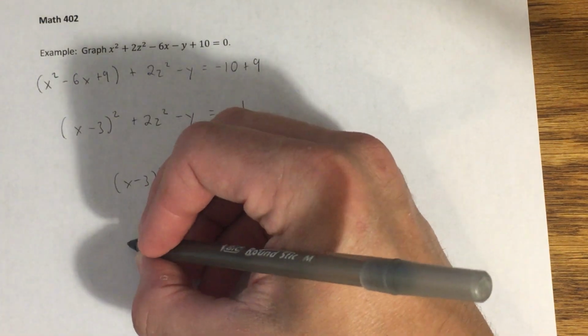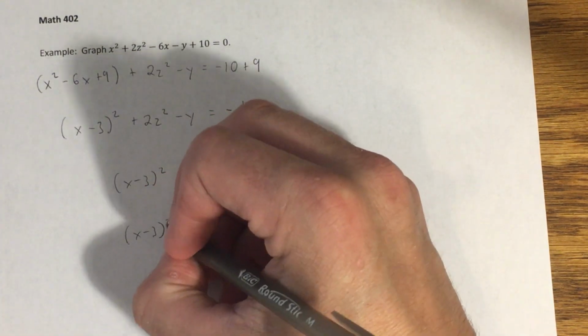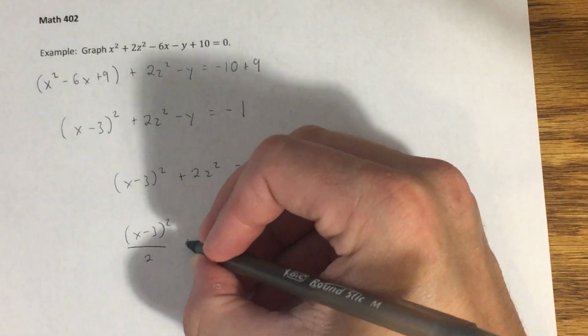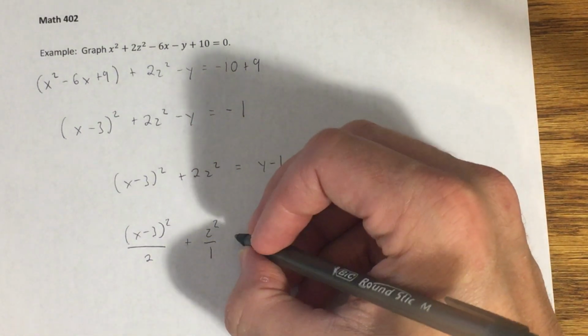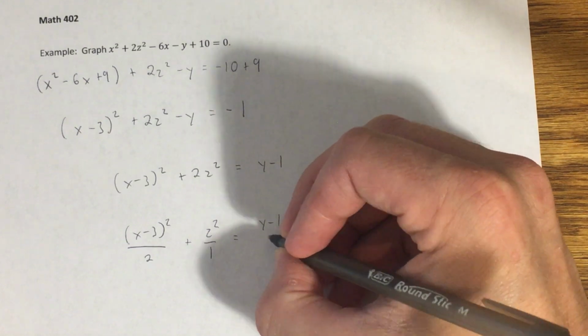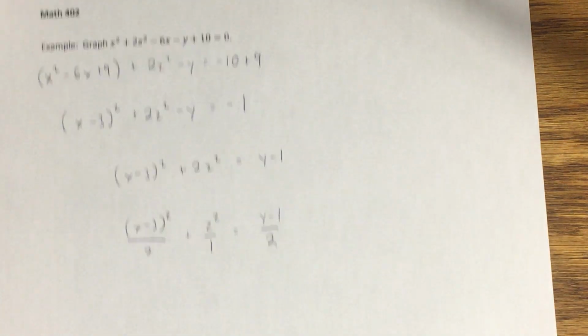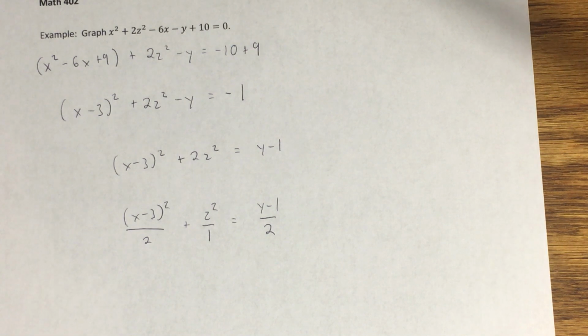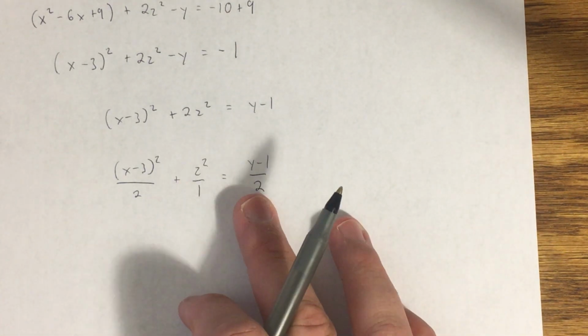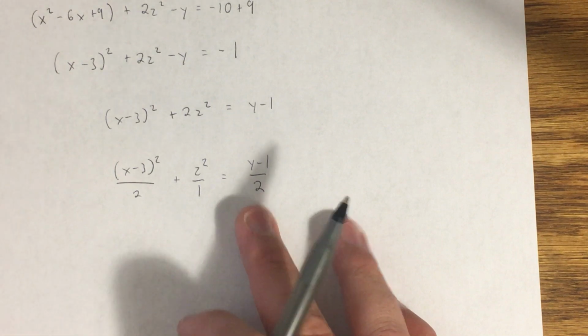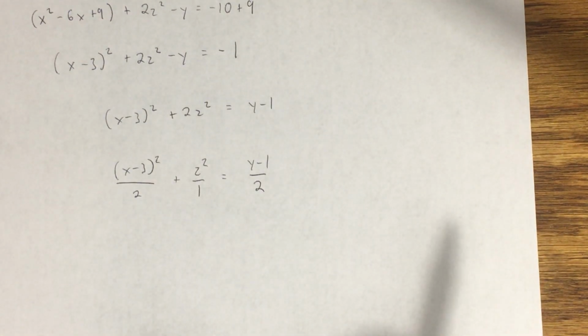That's going to give me (x minus 3) squared over 2 plus z squared, let's call it z squared over 1, equals (y minus 1) over 2. Okay? So the next thing I want to do is look at this and compare it to my table of quadric surfaces to see which equation it appears like we're looking at.